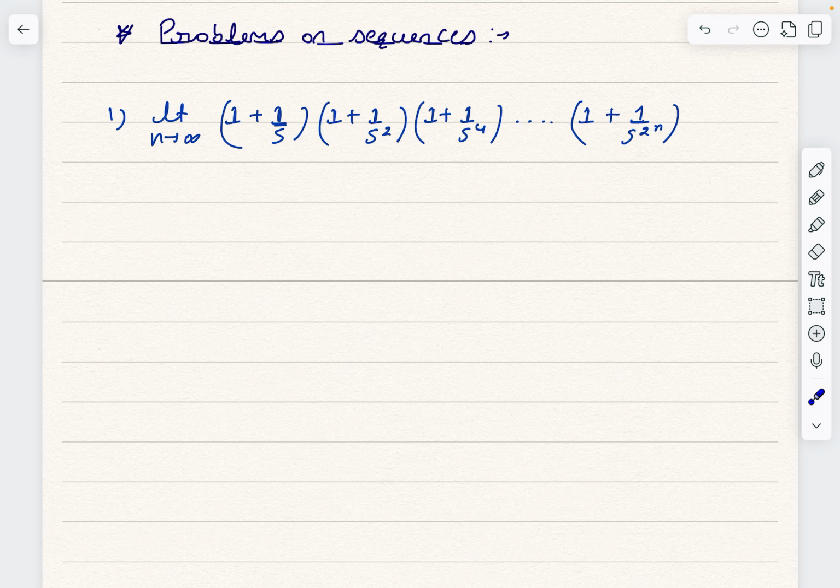You can see that in every bracket the power is getting doubled. In the first bracket you have 5 power 1, second 5 power 2, third 5 power 4, next 5 power 8, 5 power 16, and the last is 5 power 2 power n, where n tends to infinity. You can give it a try, then we'll start the discussion.